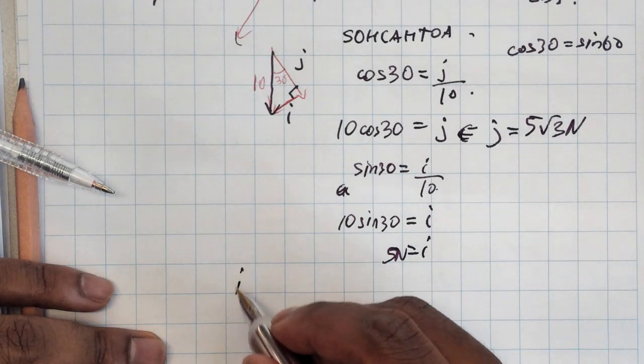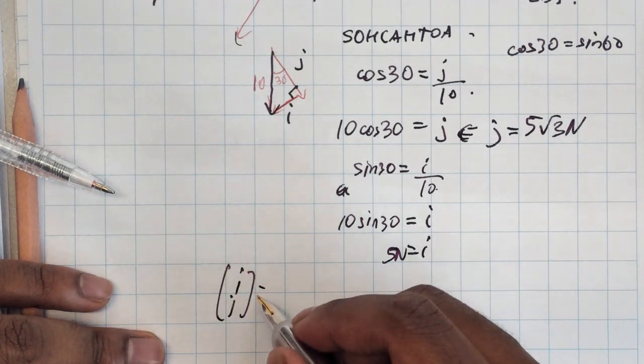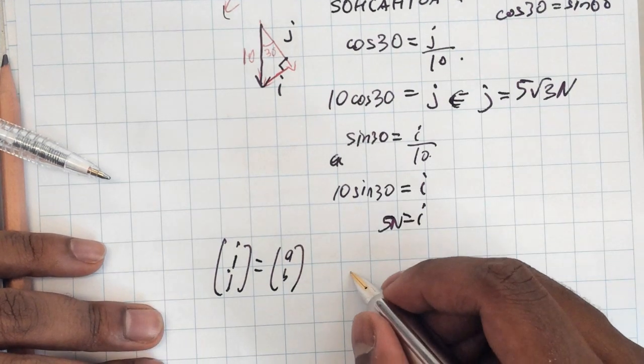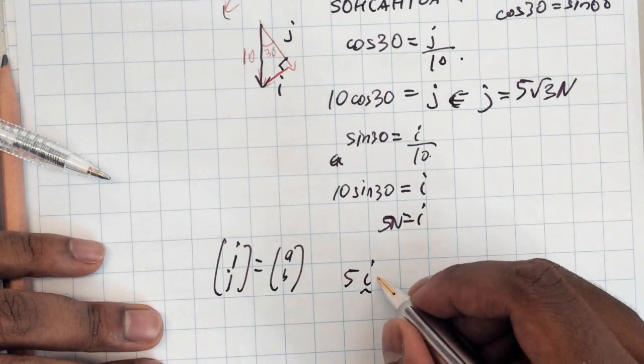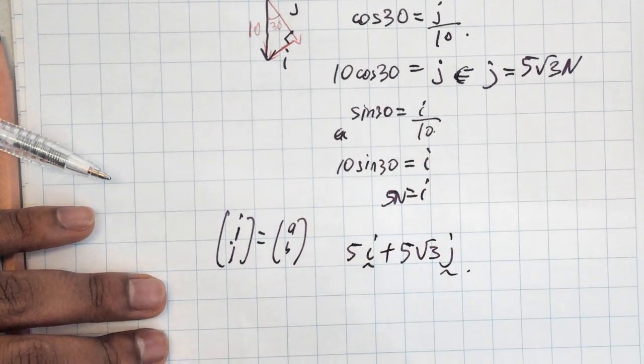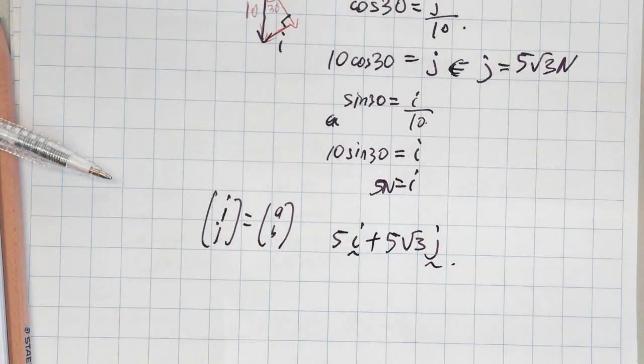So AB in this case equals 5I plus 5 square root of 3 J. Hopefully that makes sense.